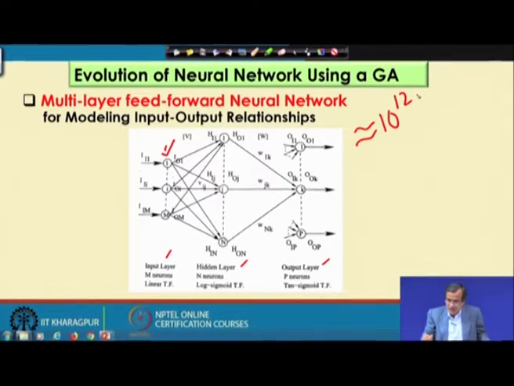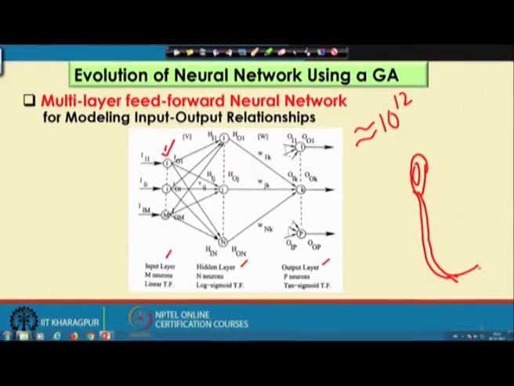Now, in a biological neuron, we have one cell body or the soma. For example, this is the cell body or the soma, and we have one long fiber, and this is actually known as the axon. This is the cell body or the soma, and here we have a few dendrites.